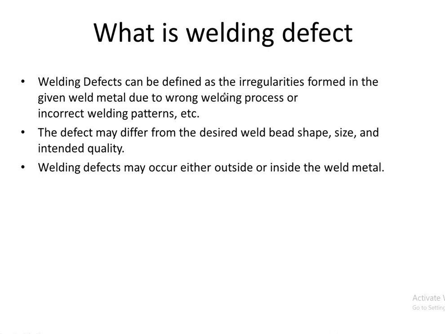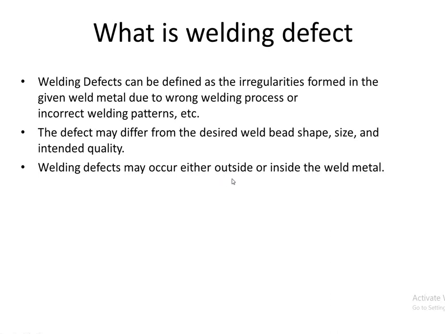Welding defects can be defined as the irregularities formed in the given weld metal due to wrong welding process or incorrect welding patterns, etc. The welding defect may differ from the desired weld bead shape, size, and intended quality. Welding defects may occur either outside or inside the weld metal.